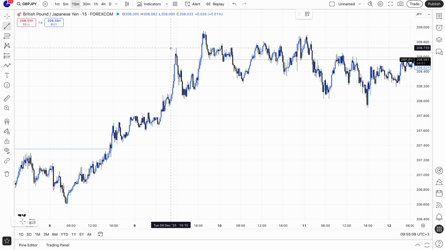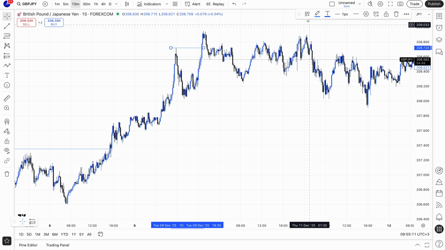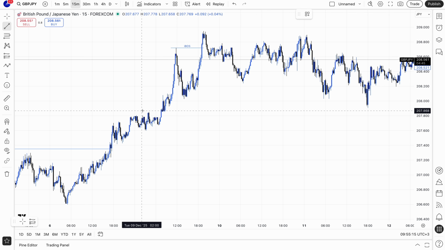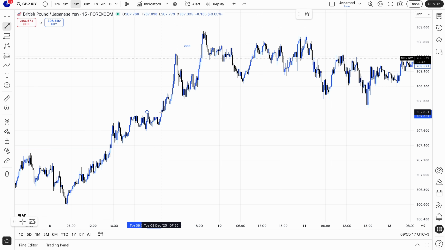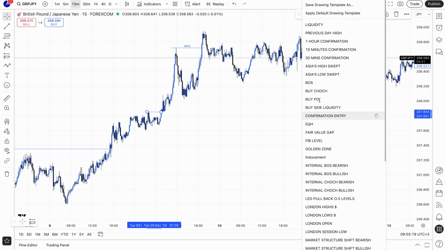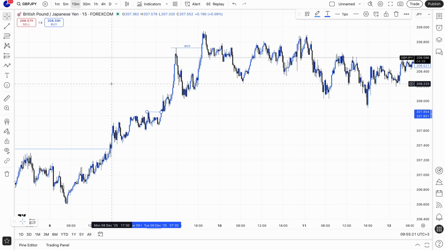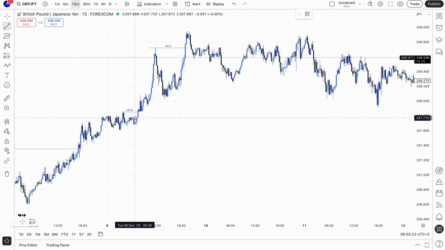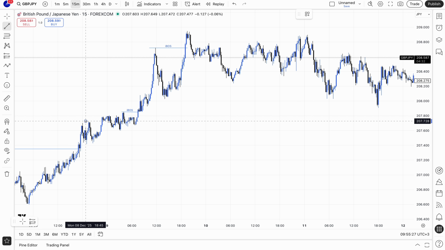You can see our break of structure to the upside, but this time around it's internal market structure, right? Internal. So you have to be patient, because the external structure is bullish and internal structure is bearish.